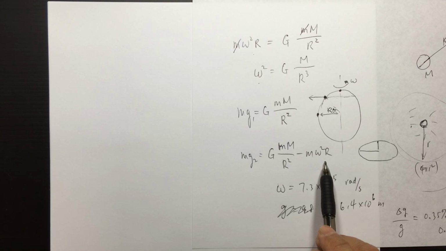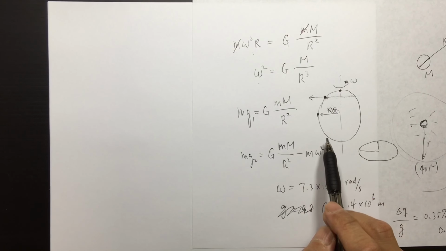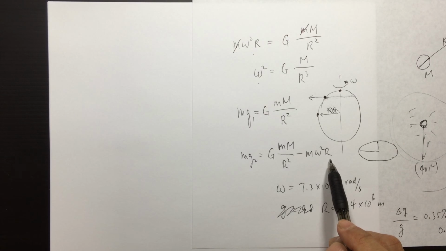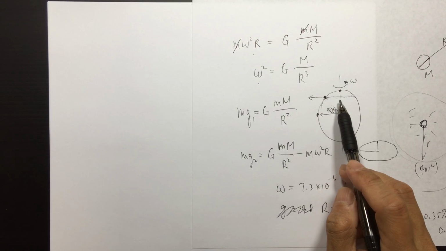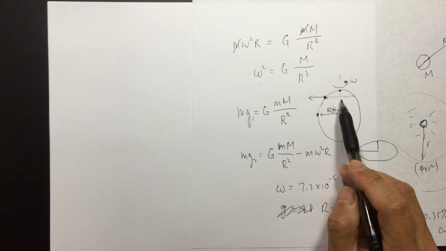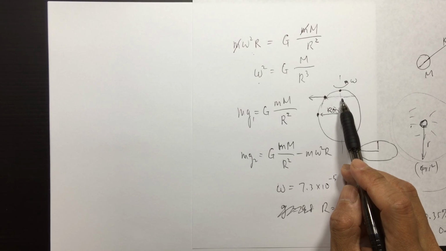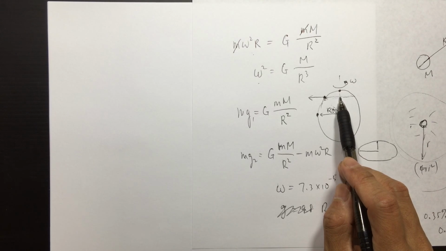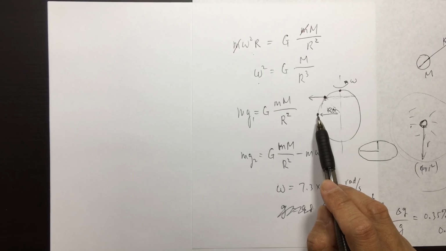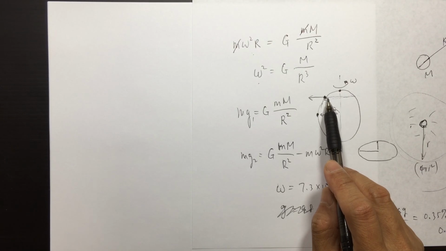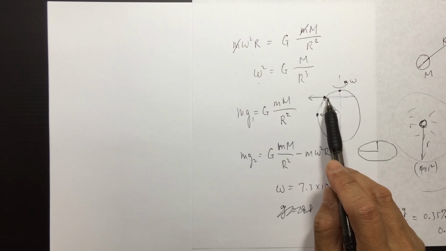R changed. The new R is what? You're running a smaller circle here.